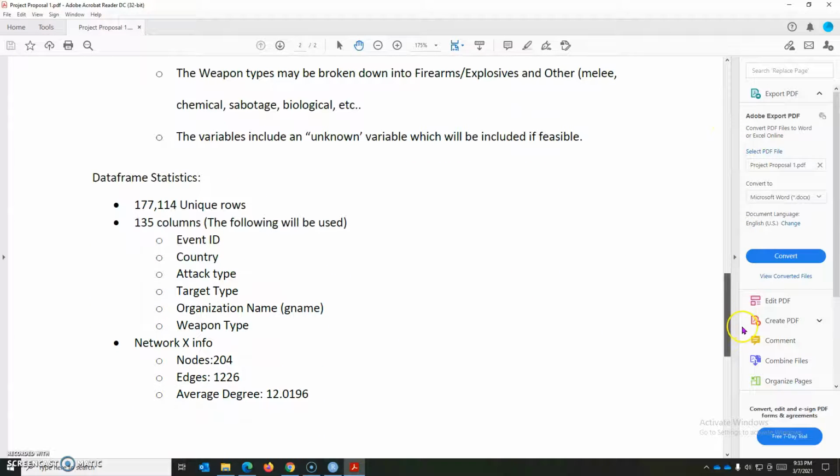In our particular one, we have 177,000 unique rows of occurrences and 135 columns describing all the details of every single statistic that any terrorism has been recorded.